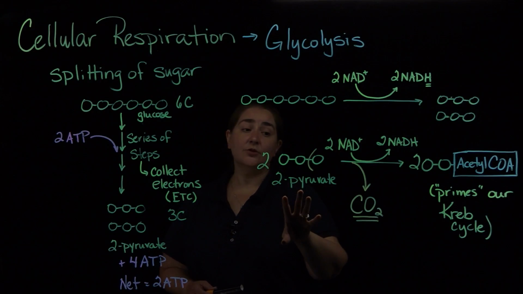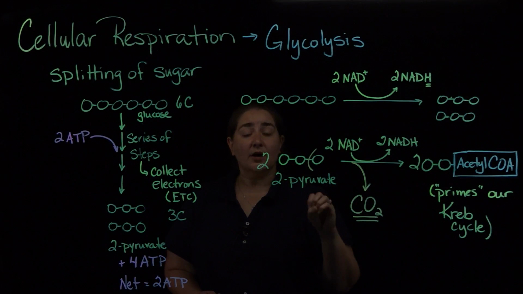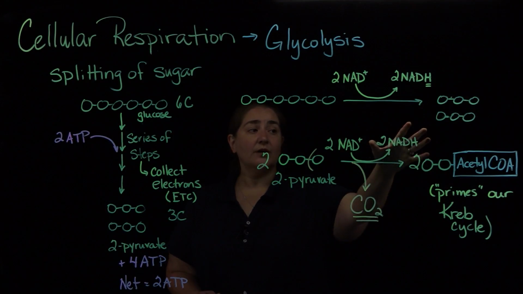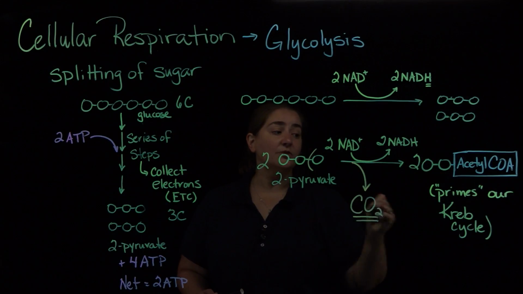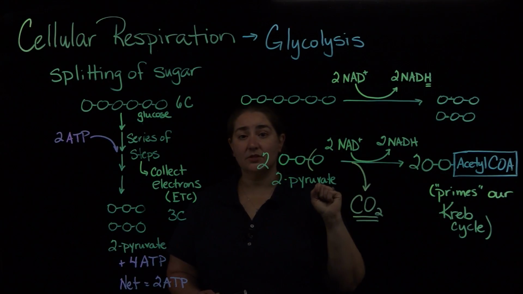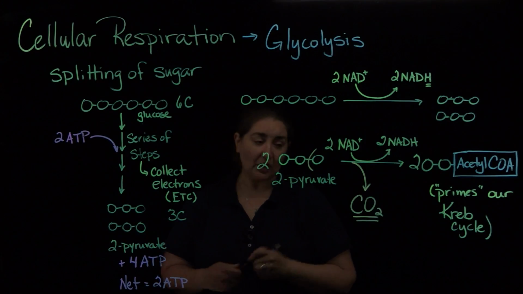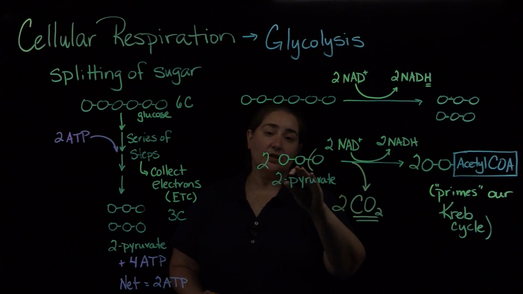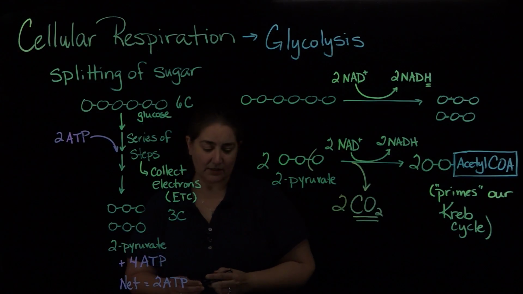So in the conversion of pyruvate to acetyl-CoA, the products that we're going to end up with out of that are going to be 2 NADH molecules, so that's going to carry our electrons. 2 acetyl-CoA molecules, this is going to be what primes our citric acid cycle. And we're also going to end up with, ultimately, because you've got 2 that go through this, 2 carbon dioxide out of that process.